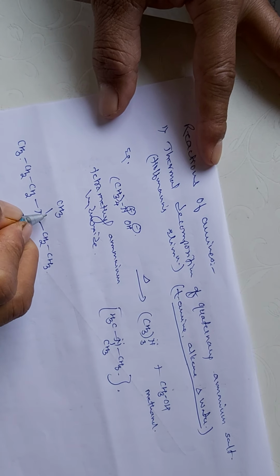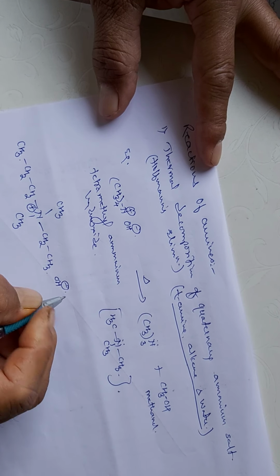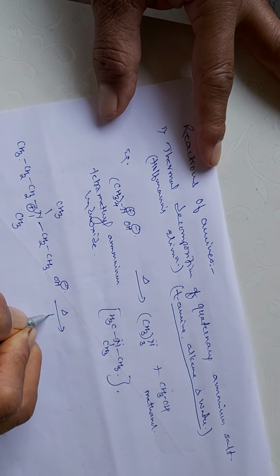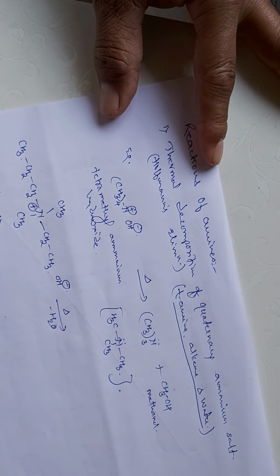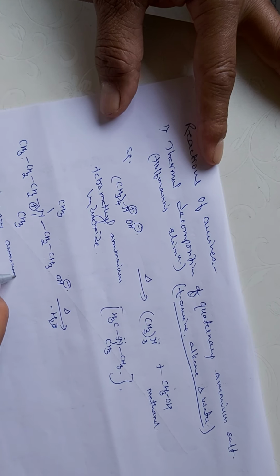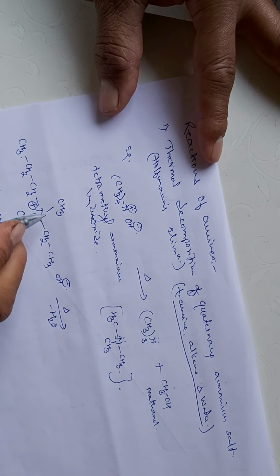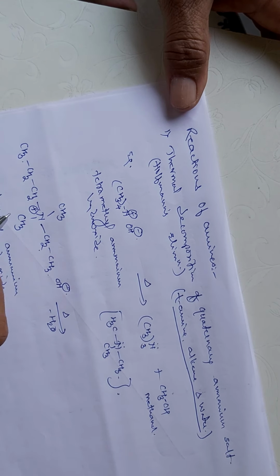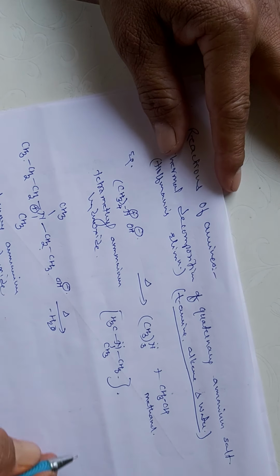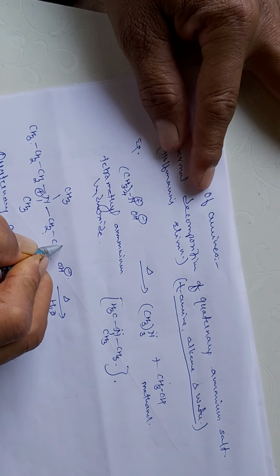This is your quaternary ammonium hydroxide. Why is it called quaternary? Because four different groups are attached to this nitrogen atom, in which two are methyl groups, one is ethyl and one is propyl.